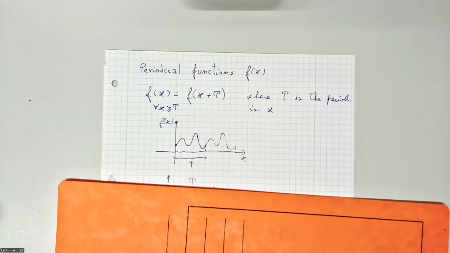This, of course, is a mathematical definition, because we don't have infinite data, but very often it depends on the data, of course, on the process. Why am I telling you about the periodical function? Because sometimes in phenomena we have periodical data.